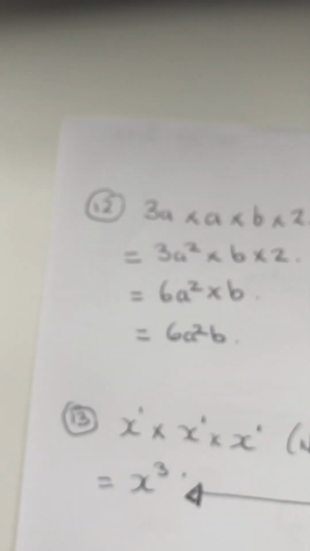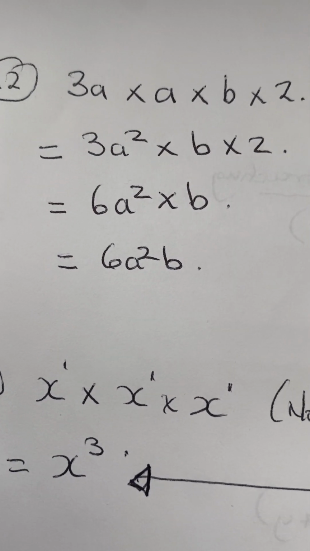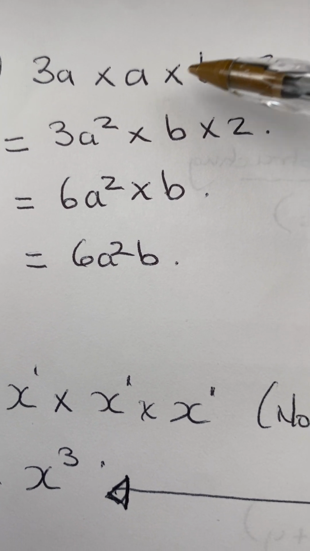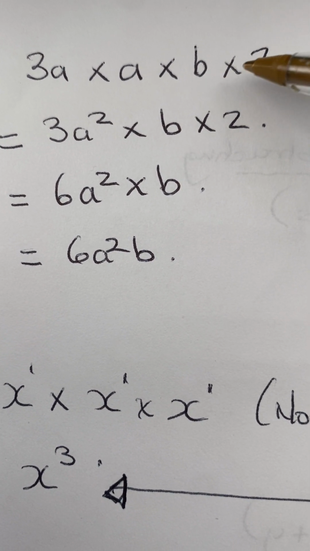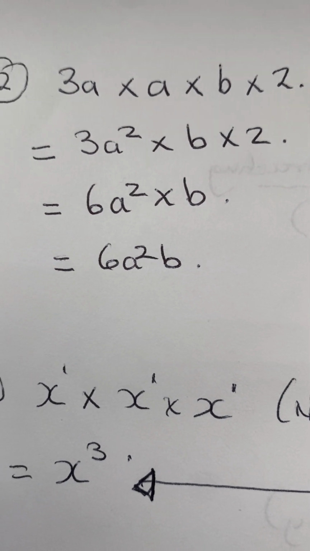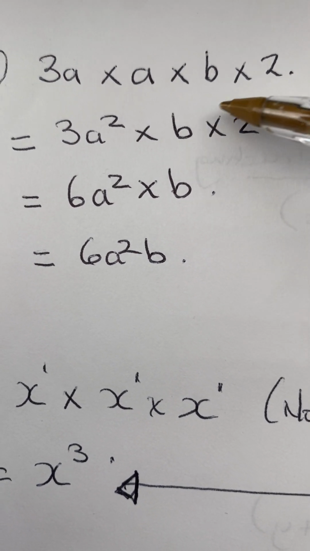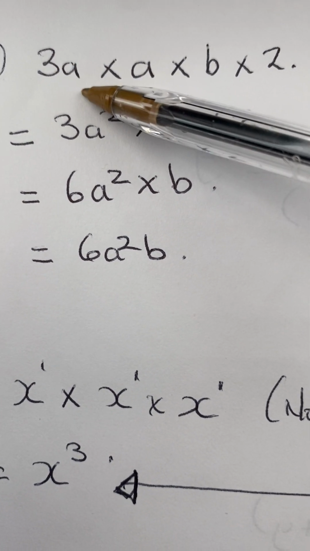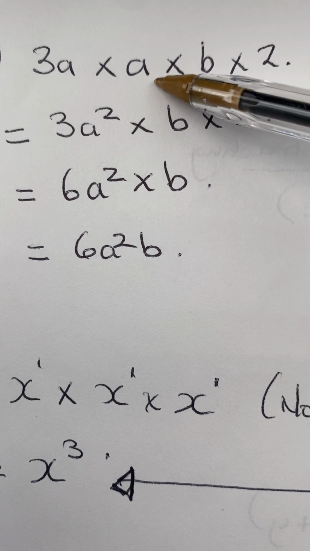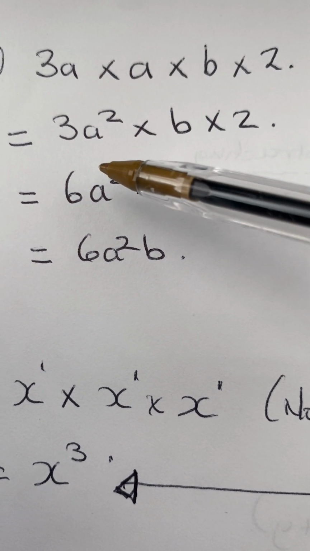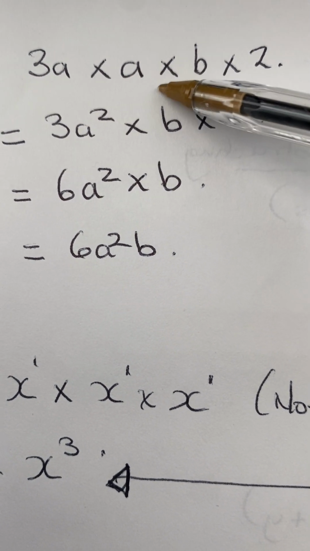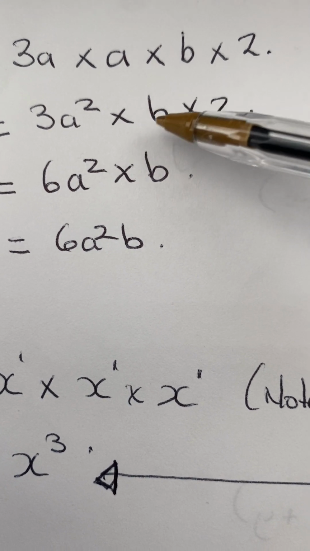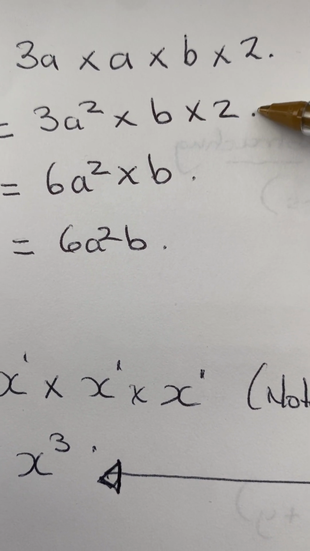Next example, 3a times a times b times 2. Okay, here we are also multiplying. So 3a times a, from what we've been doing so far, will be 3a squared, times b times 2.